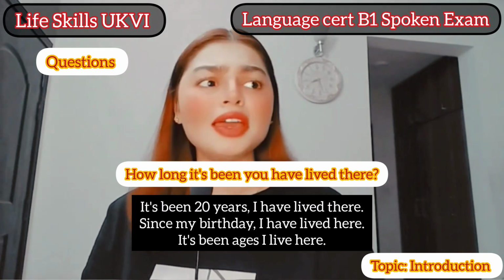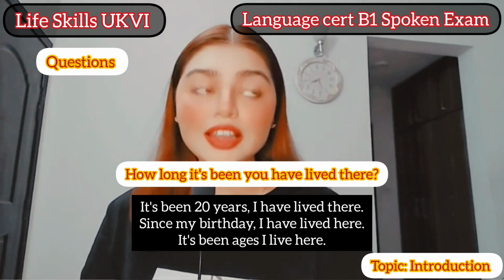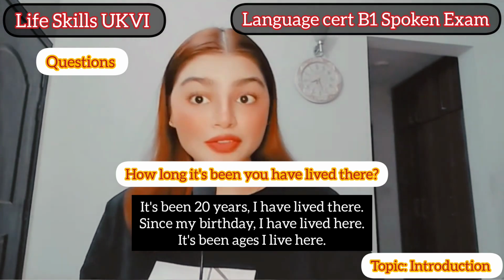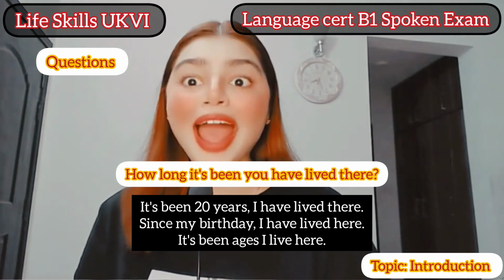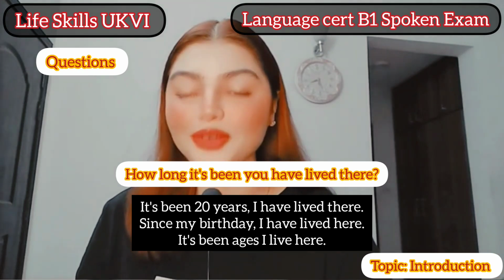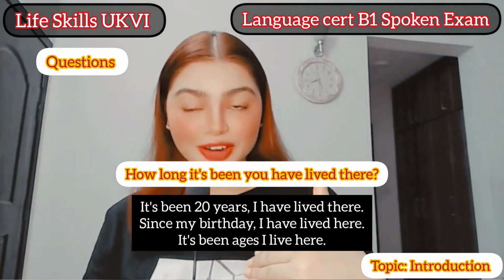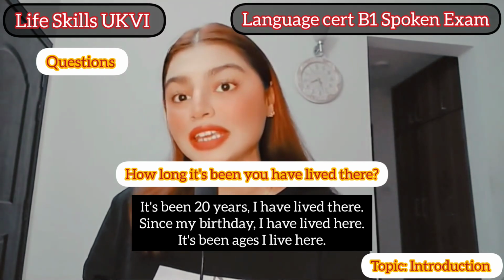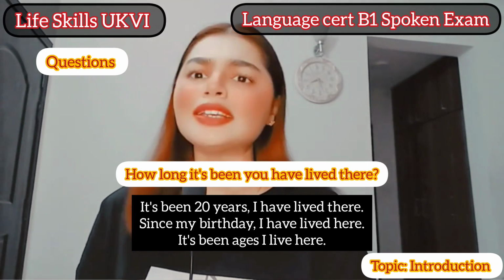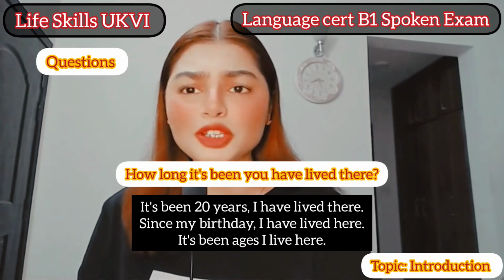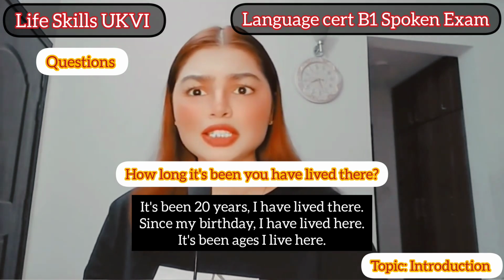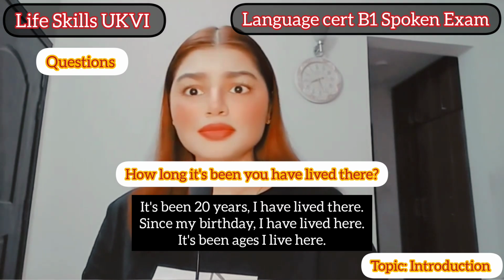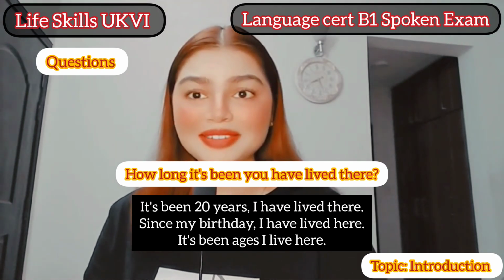So you can say, it's been 5 years, it's been 10 years, it's been 20 years I've lived here, or I have lived there. So it depends if it's here. I mean, if you come from Lahore and your exam is being held in Lahore as well, and the examiner says, how long have you lived here, you say, since my birth, or since my childhood, or it's been ages I live here, right?